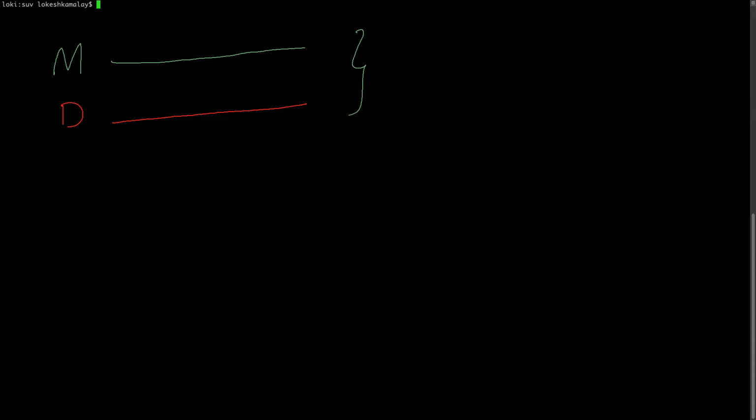One, reviewers are required for these two, and then in the master especially, no direct commits. No one will directly commit code to the master branch, only through pull requests. That is the development branch.